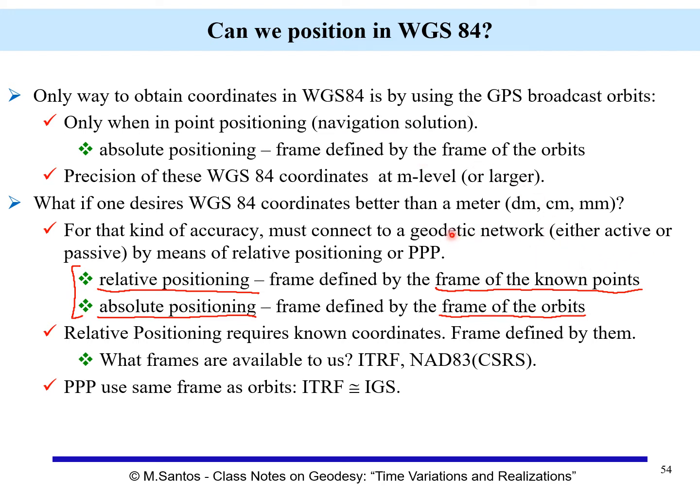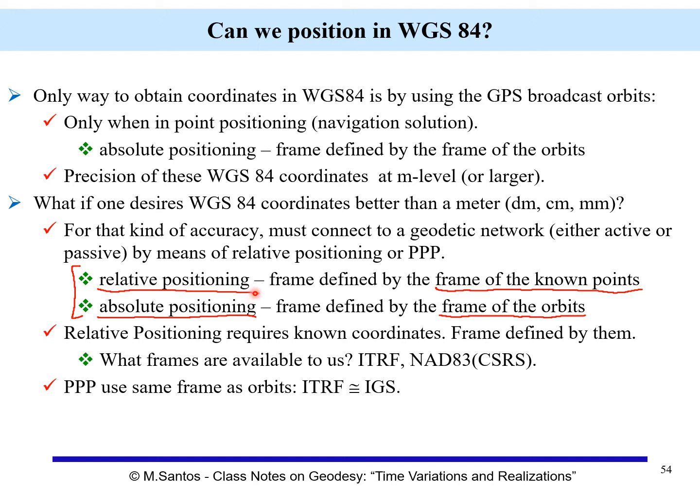So again, if we have a package that is telling us that we'll be adjusting a network that was observed with GPS receivers, and the results are going to be in WGS84 coordinates, that is really wrong.